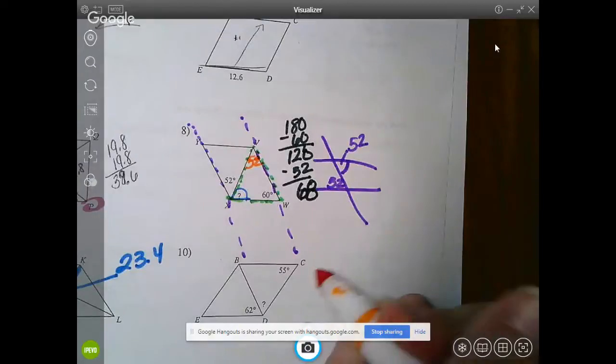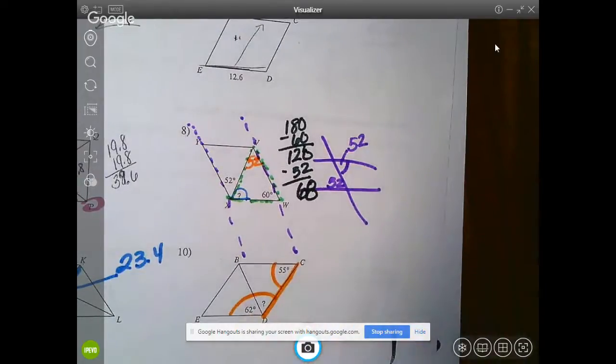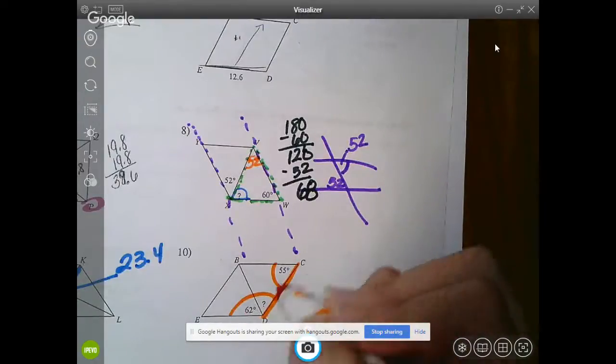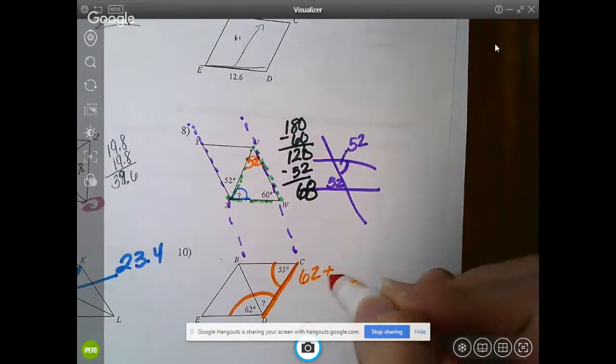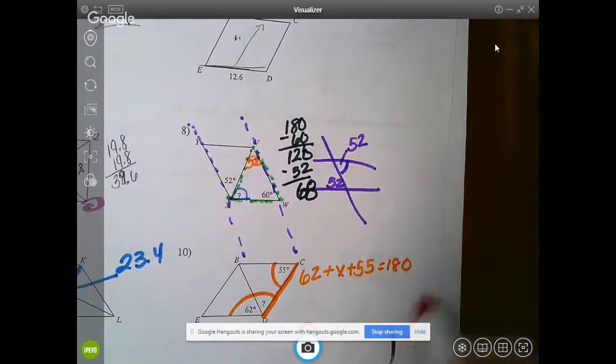Kennedy noticed that these angles are consecutive angles. So because they're consecutive angles, they equal 180 degrees. So we know that all 3 of those pieces have to equal 180 because in a parallelogram, consecutive angles equal 180 degrees.